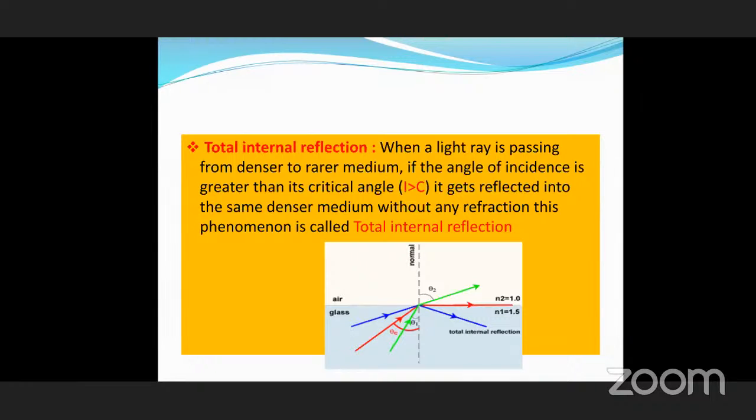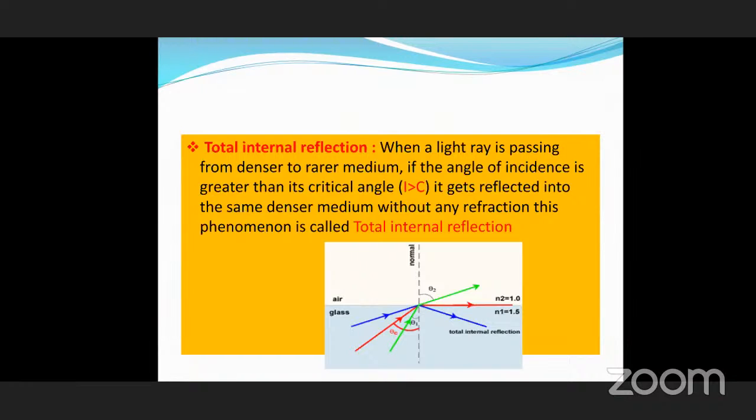This diagram shows glass to air, and we have taken different rays: blue, green, and red. The red ray is at the critical angle, theta C. One ray goes into the rarer medium, while the blue ray starts from the denser medium and comes back into the denser medium. So this is total internal reflection.